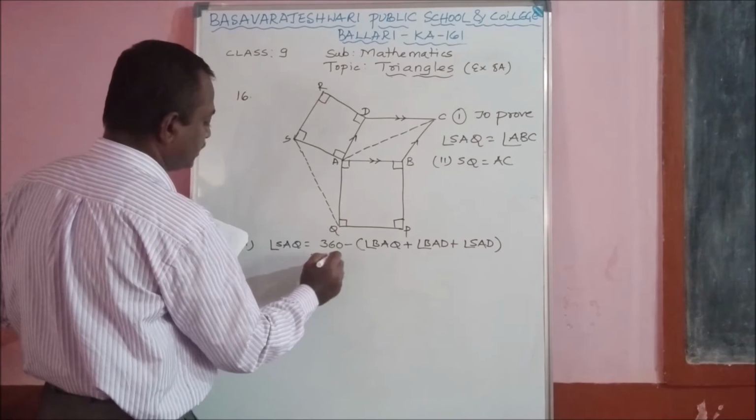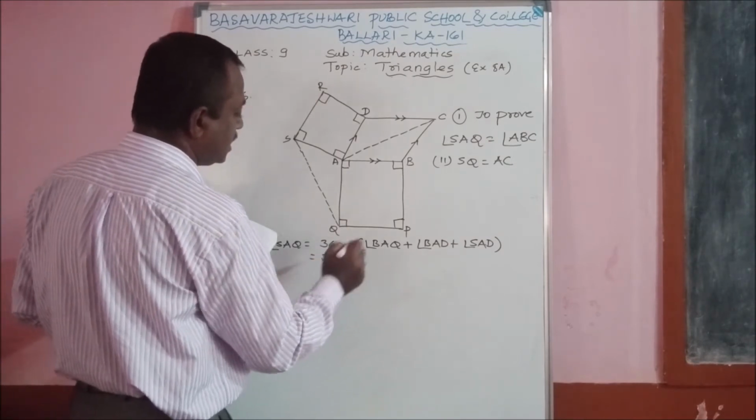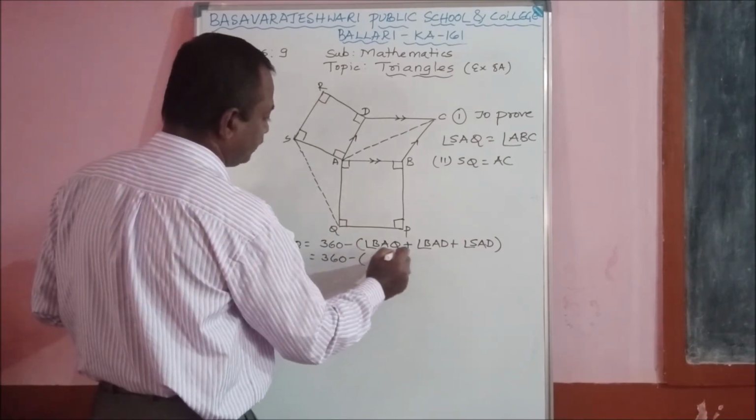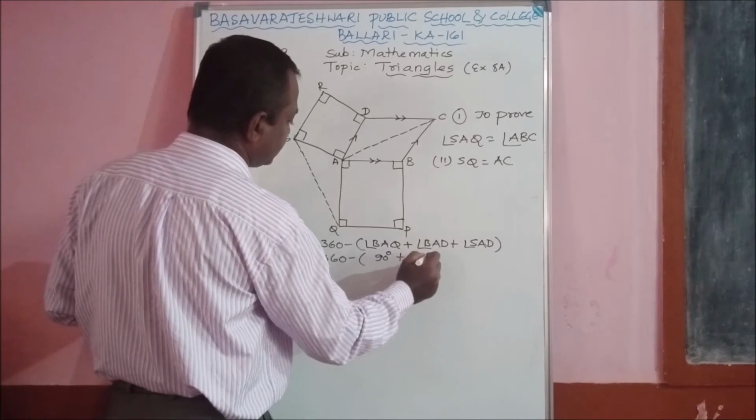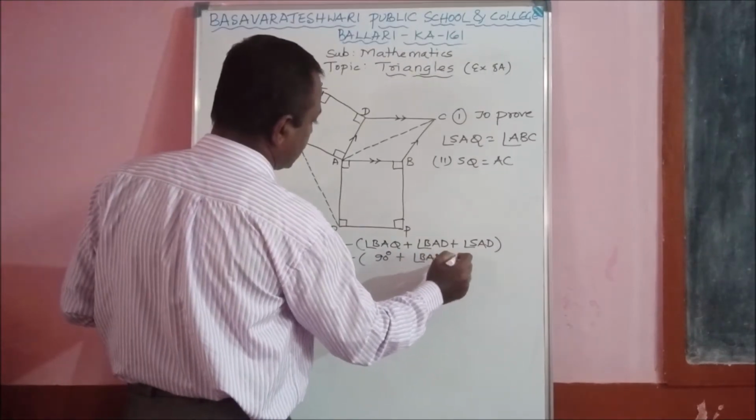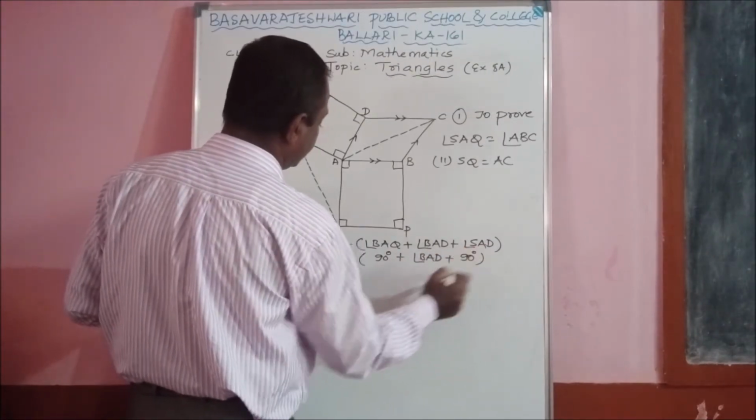That is 360 degrees minus (angle BAQ is 90 degrees plus angle BAD plus angle SAD is also 90 degrees).